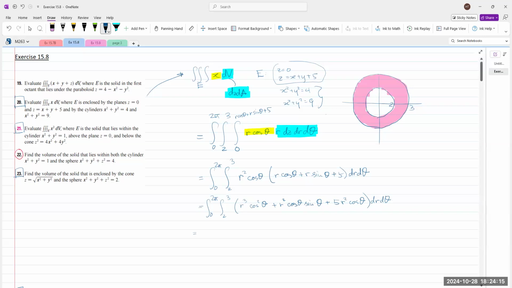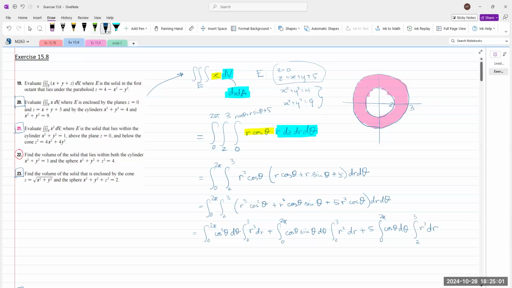For the first term, I get the integral from 0 to 2 pi of cosine squared theta d theta times the integral from 2 to 3 of r cubed dr, plus, for the second term, the integral from 0 to 2 pi of cosine theta sine theta d theta times the integral from 2 to 3 of r squared dr, plus the last integral, 5 times the integral from 0 to 2 pi of cosine theta d theta times the integral from 2 to 3 of r squared dr.